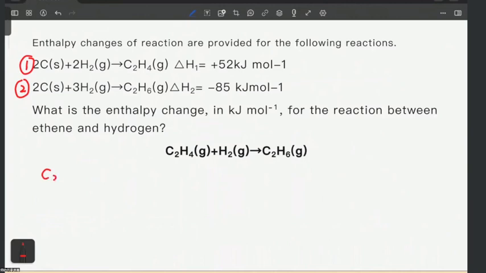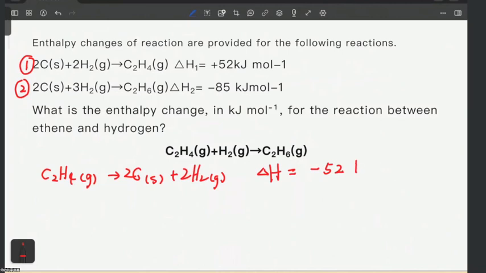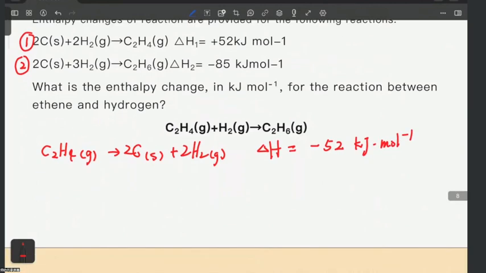When you flip the first one, it's like this. The enthalpy change will be minus 52 kilojoules per mole. And then you add it to the second equation.